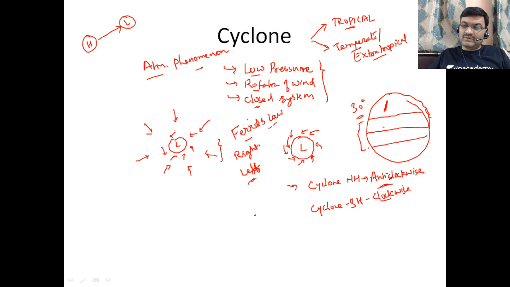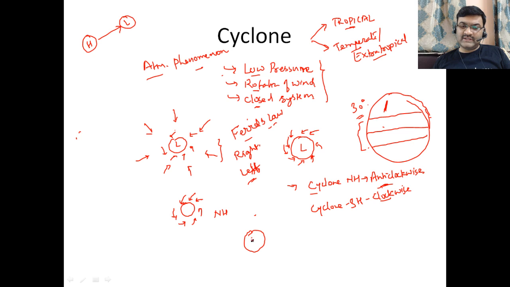So here the winds get deflected, and because of this deflection the wind is getting rotated. Therefore remember these things: a cyclone occurring in the northern hemisphere will have anti-clockwise rotation. So if this is a cyclone, here the wind is going to rotate like this. If it is in the northern hemisphere, this is anti-clockwise.